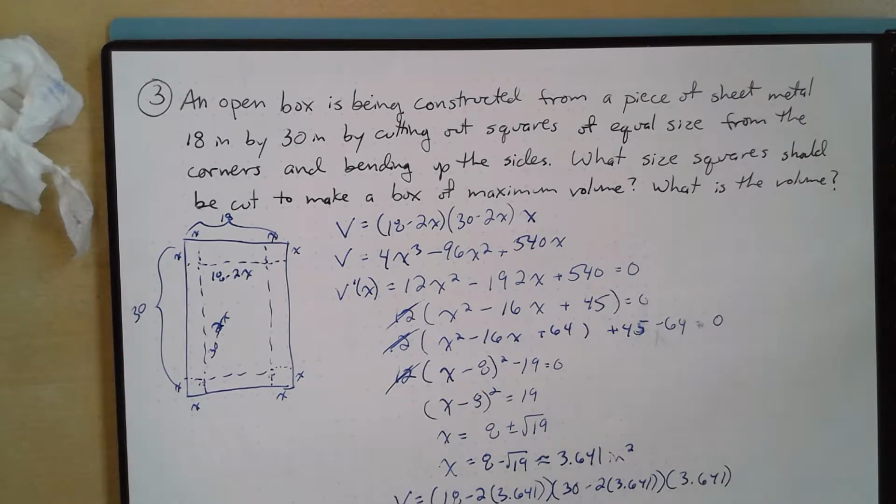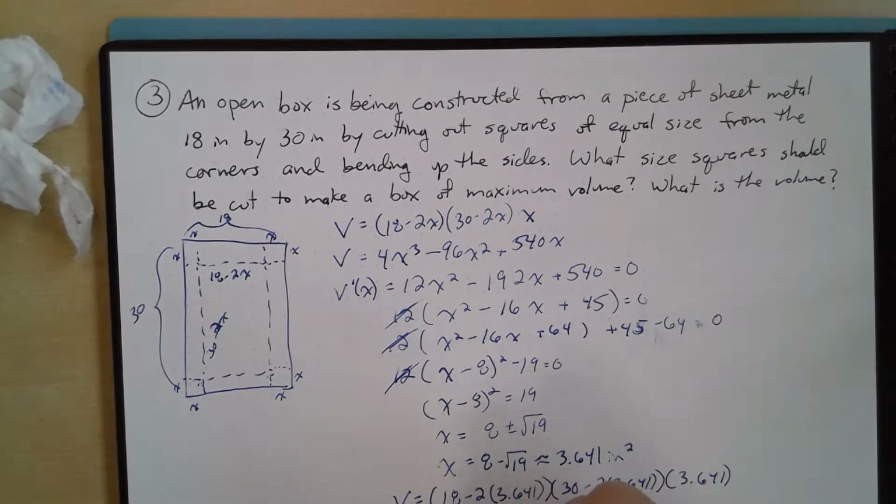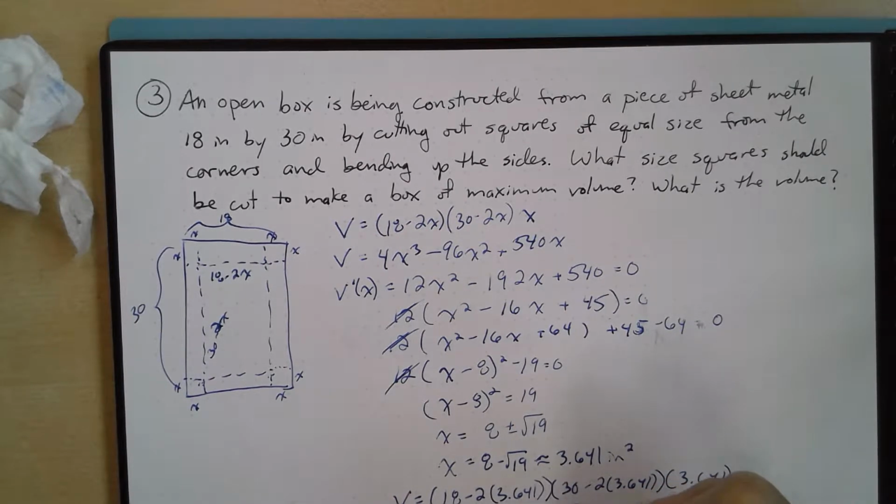And I'll calculate that. 2 times 3.641 times 30 minus 10 equals, I think I did it wrong, but anyway, I believe the answer should be 886.553 inches cubed. Okay, good.